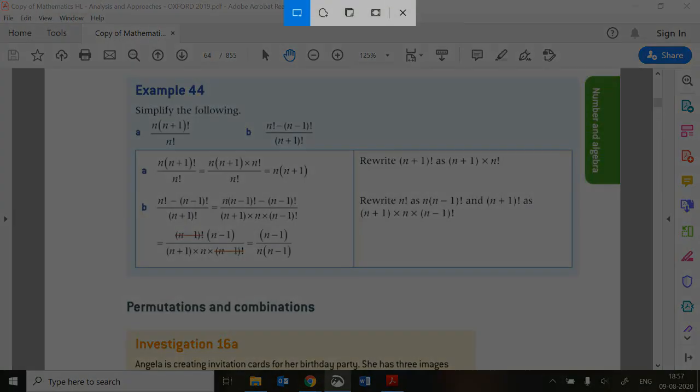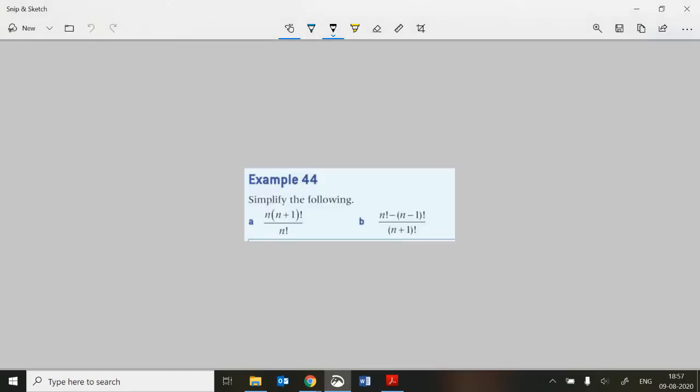So now this is getting a bit more interesting because we're talking about factorials in terms of algebra. And so when it asks us to simplify this one here, we again should try and spot whether or not we can cancel the whole of something. Now, n factorial will be contained within n plus 1 factorial.